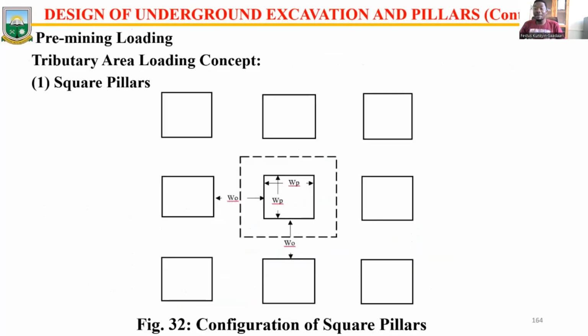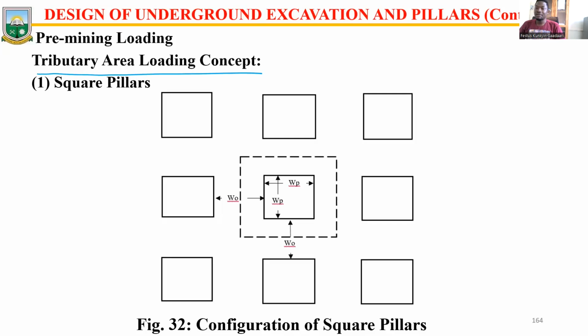There are a number of analyses people use, but the most common one that is being adopted, and which we are going to use for this study, is what we call the tributary area loading concept. It is simple, and this is what it says.